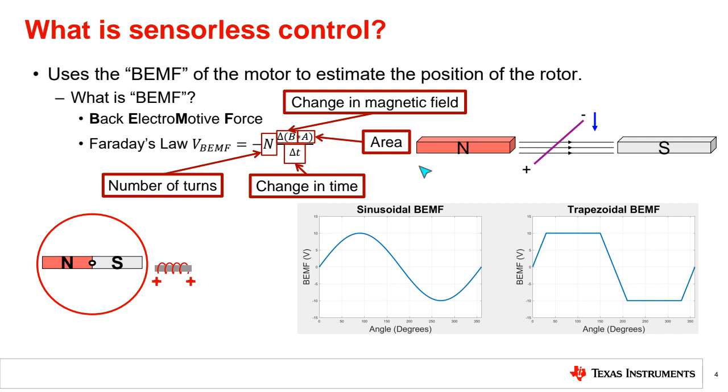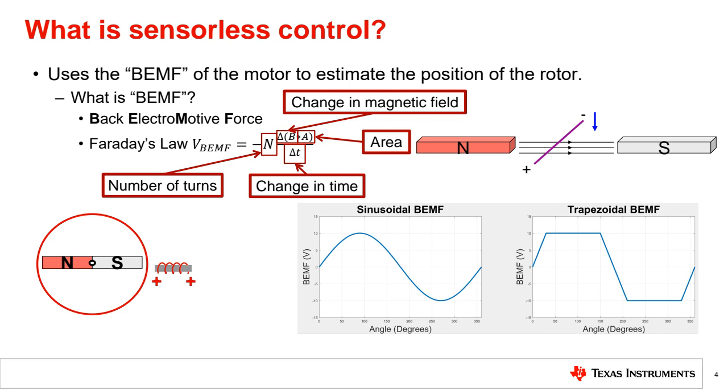In the motor stator winding, we have a number of turns. So we have a time variation. Also we have B, which means the magnetic field. Faraday's law is very important for us.